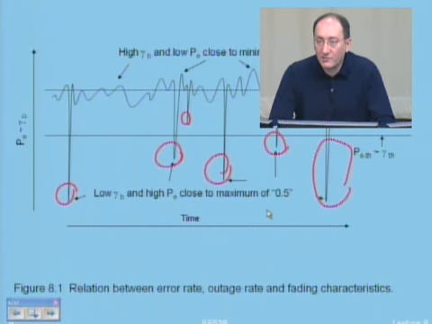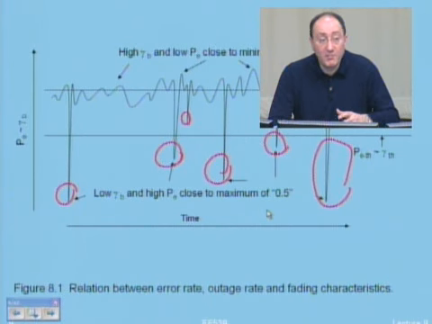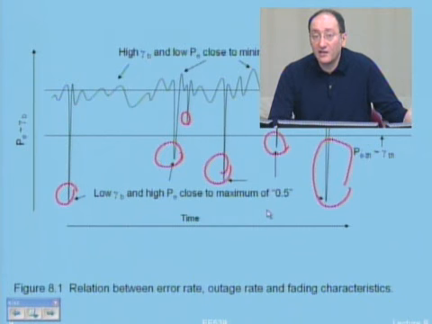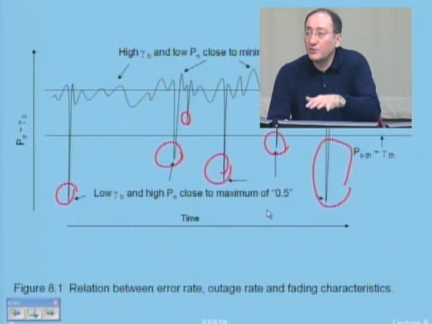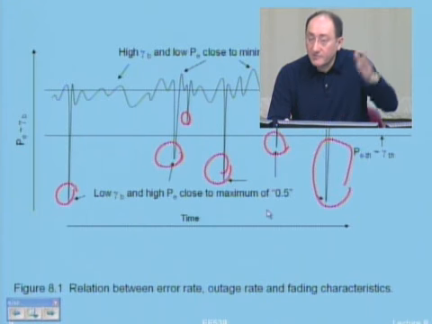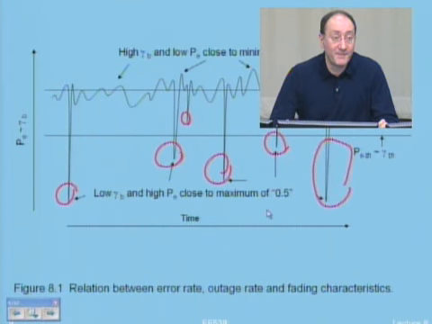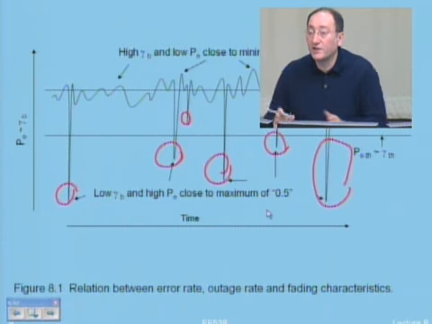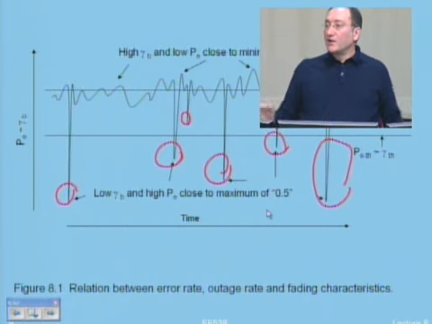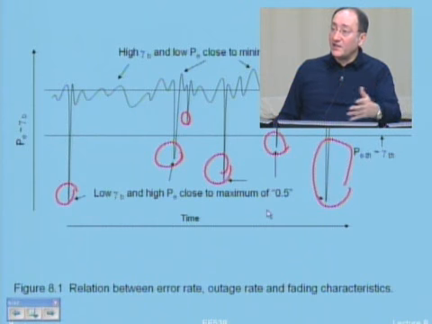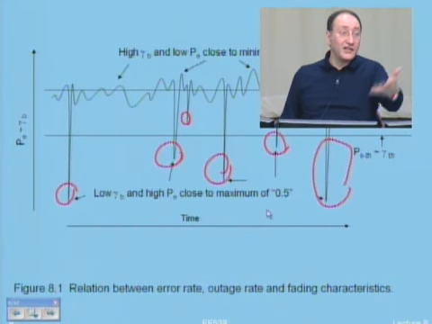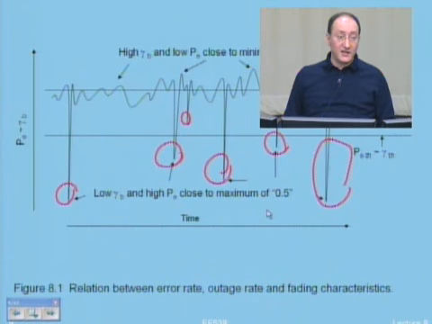Each time I go into a fade, I make a bunch of errors. While if I'm in a non-fading channel, I make errors due to additive noise, which is like 1 out of a zillion times. But here, as soon as a fade comes, a bunch of errors come in. I showed you that mathematically, and I gave you some structure and the physical numbers, like 35 dB for binary PSK.